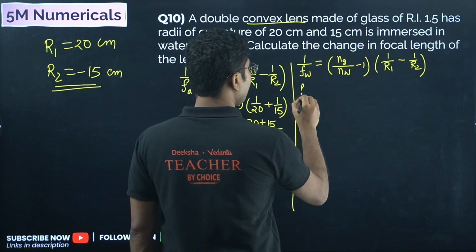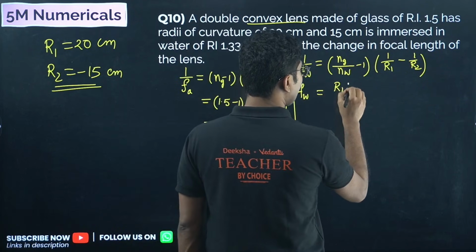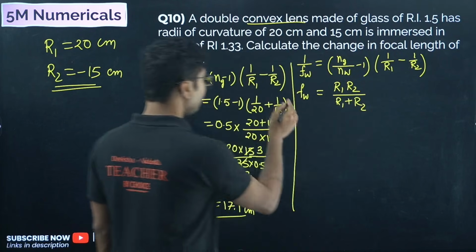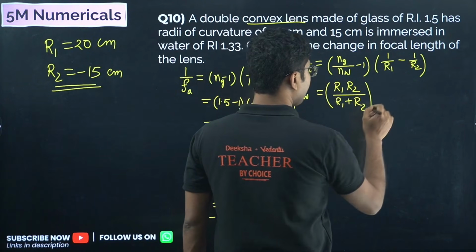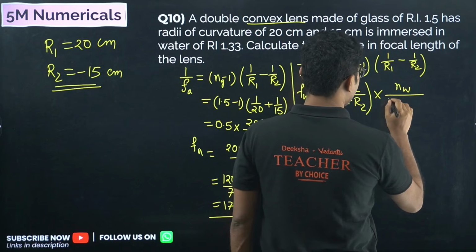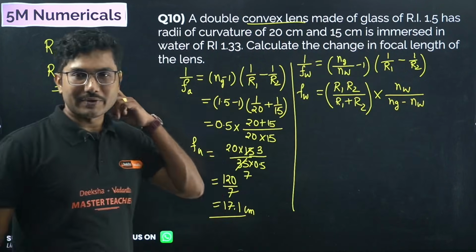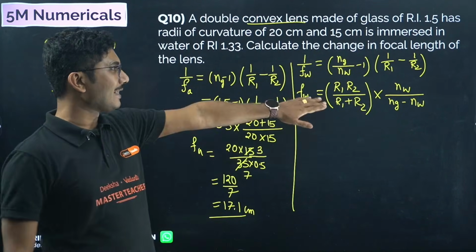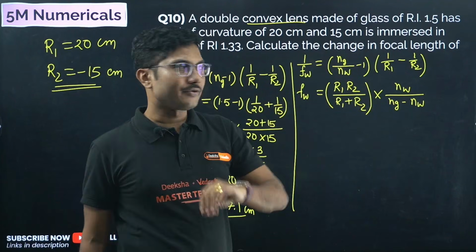Okay, or F water can be written as R1 R2 by R1 plus R2, because as we know both are positive, into N water divided by N glass minus N water. This is a shortcut formula that we are trying to develop. After solving this question, we realize we can write it like this, and that's how we have developed this shortcut formula. You can use this formula for any question.